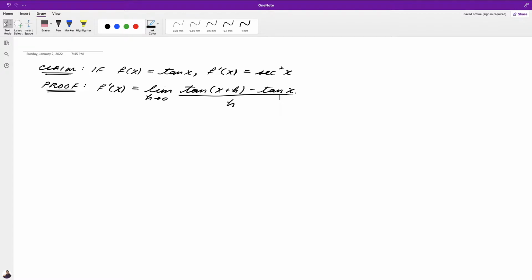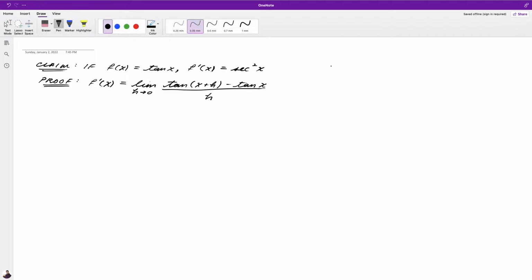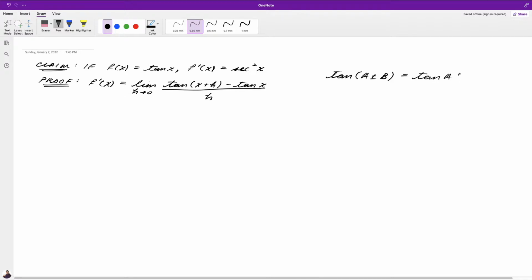Okay, well, I am going to be using the tangent of a sum property. I will put that in the box over here. Let's maybe zoom out one step. So we know that the tangent of the quantity a plus or minus b is equal to tangent of a plus or minus the tangent of b, all divided by 1 minus or plus tangent of a times the tangent of b.